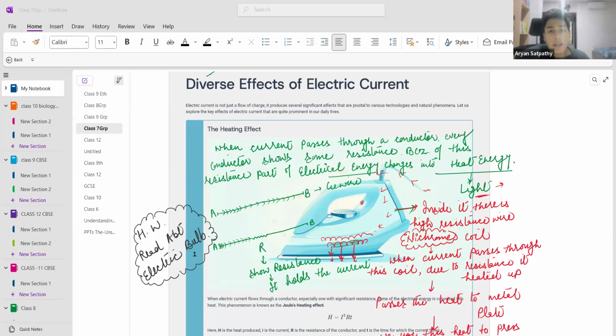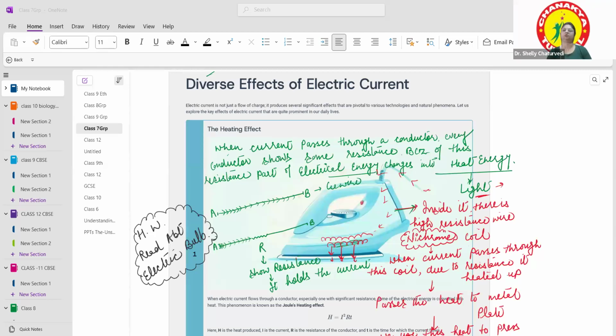It also contains an inert gas such as neon or argon. Now we'll go on to the working. When electricity passes through this bulb, the filament made up of tungsten converts the electrical energy into light energy, which leads to the glowing of the bulb, showing that the circuit is complete.